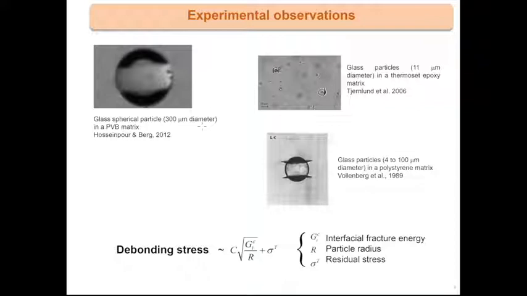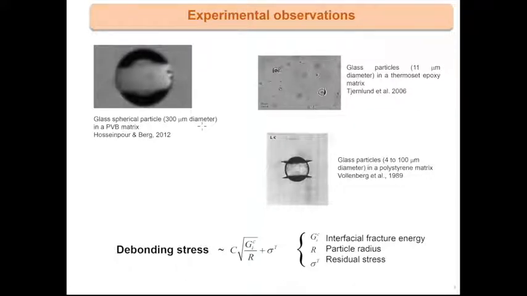These phenomena are well known, and they are usually described with this kind of formula. So the debonding stress scales with the fracture energy of the interface. Here you have an additional term which depends on the residual stress, and the constant here is more or less empirical.